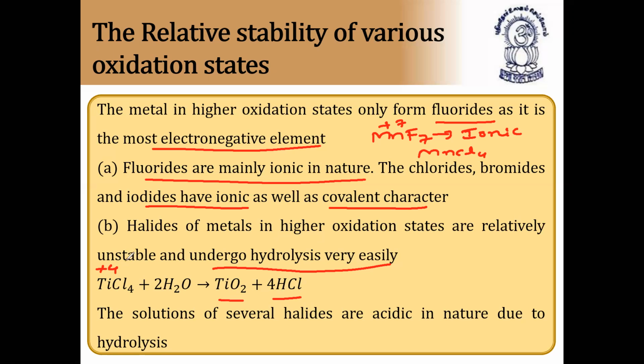Not only manganese, we can say the same about titanium, scandium, vanadium, etc. Halides of metals in higher oxidation states are relatively unstable and undergo hydrolysis very easily, and they form their respective oxides. The solutions of several halides are acidic in nature due to hydrolysis, as they are covalent in nature and they are able to give acids.